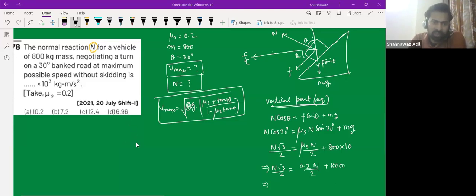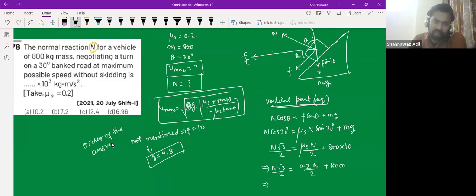Whenever it is not mentioned, you take g equal to 10, and if they want you to take g equal to 9.8, they will mention it. In both cases, the order of your answer would be the same.